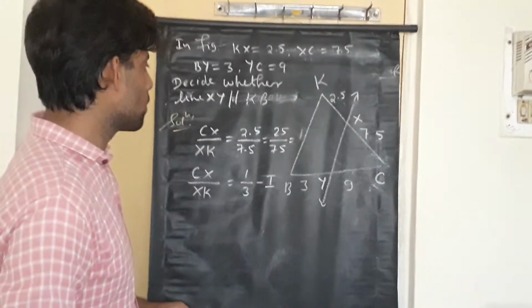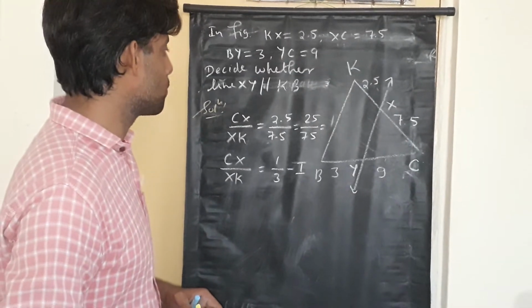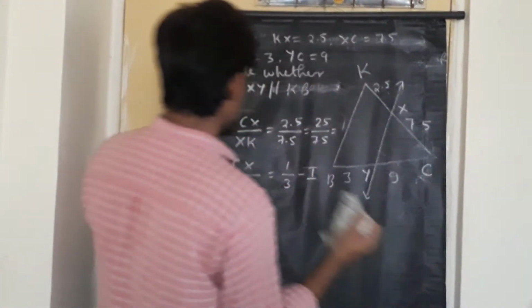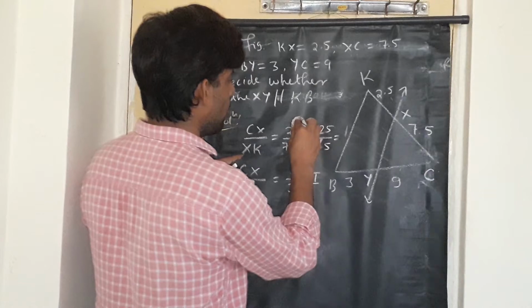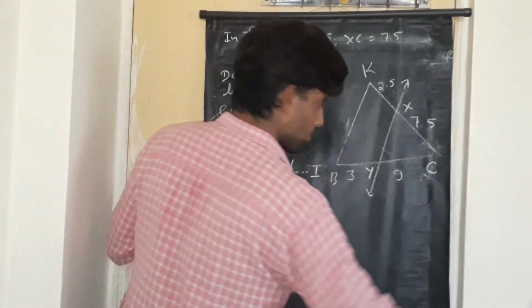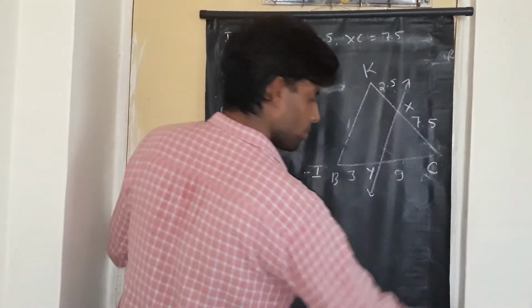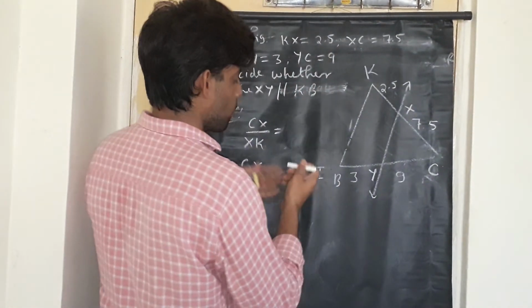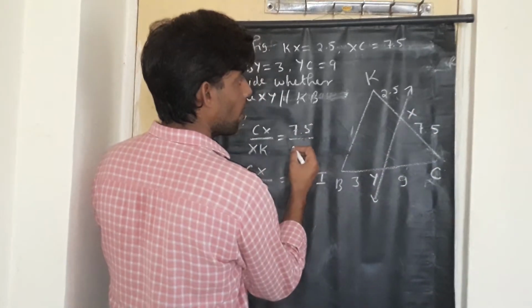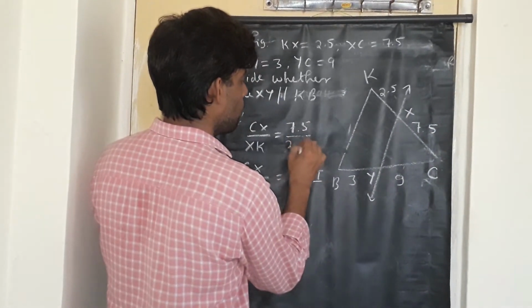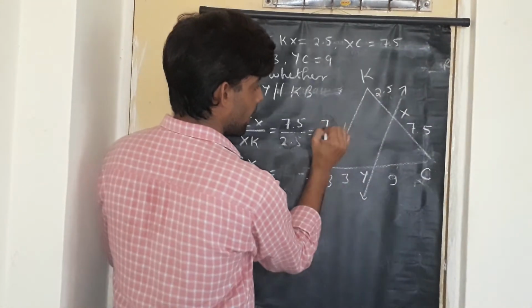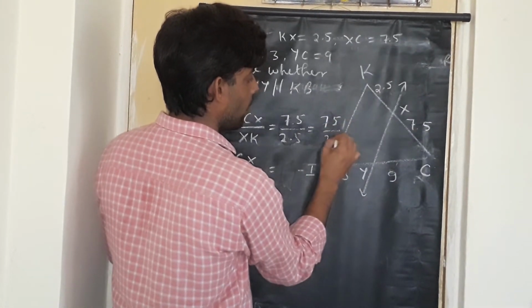So we see here, sorry, we made a little mistake here. It's CX is 7.5 and XK is 2.5. Multiplying both by 10, we'll get here 75 upon 25.